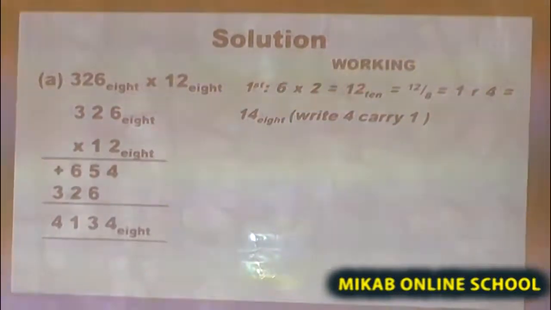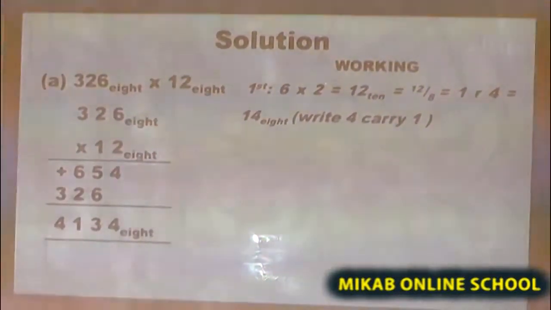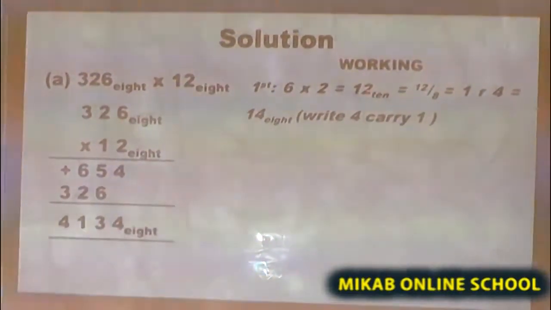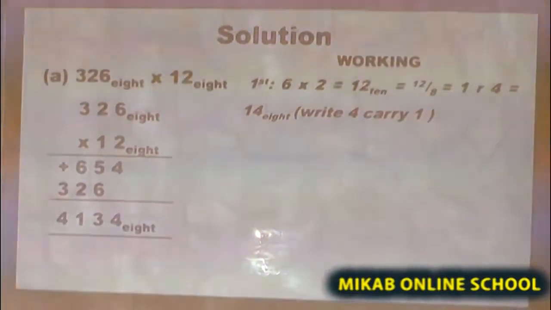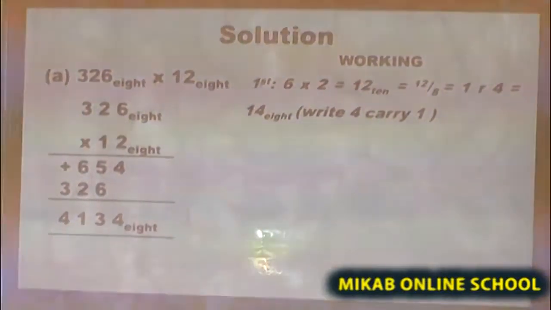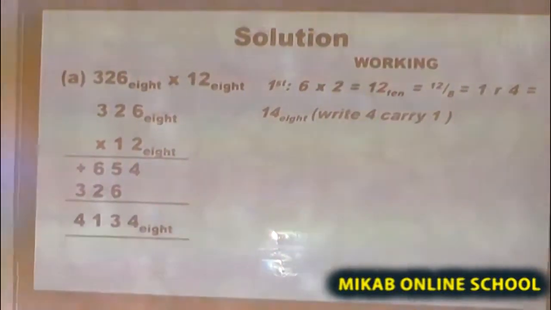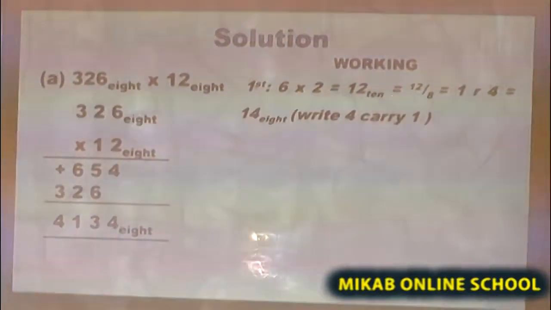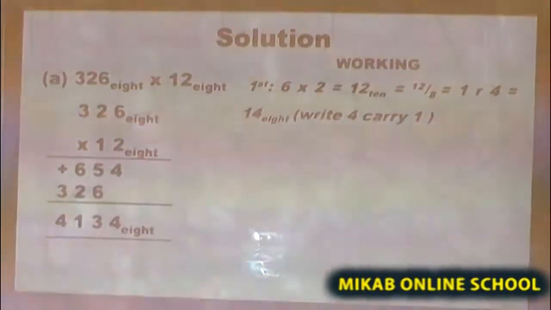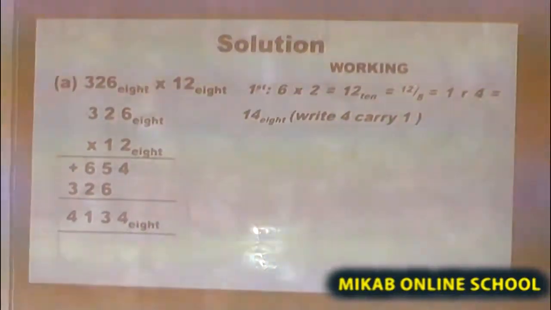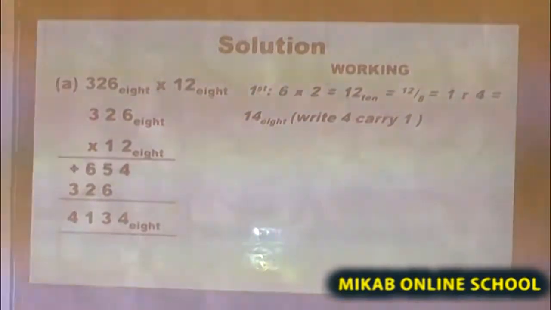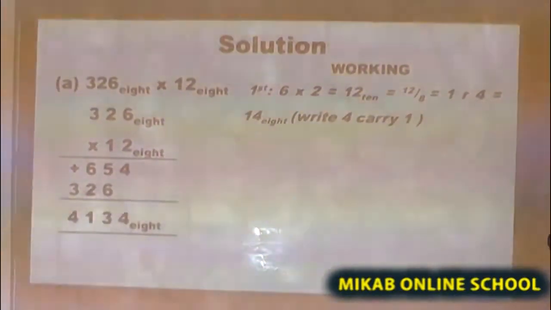So how do we arrive at 6 times 2 in base 8? We ask, how many groups of 8 can we find in 12? That's more like 12 divided by 8. The number of 8s we can find in 12 is 1, with a remainder of 4.